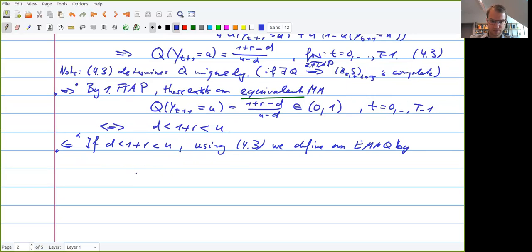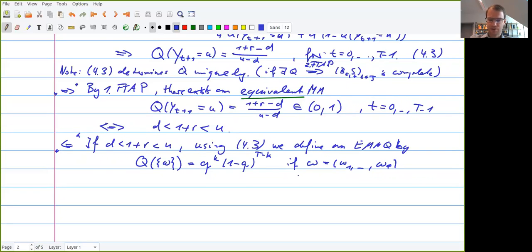and so the probability of an omega in capital Omega is given by Q to the power k times 1 minus Q to the power T minus k. So if you call our probability space, our omega is a vector consisting of T entries.